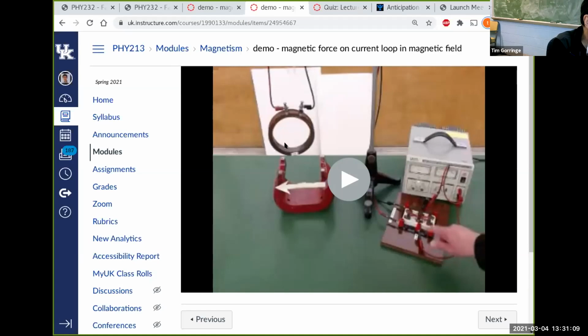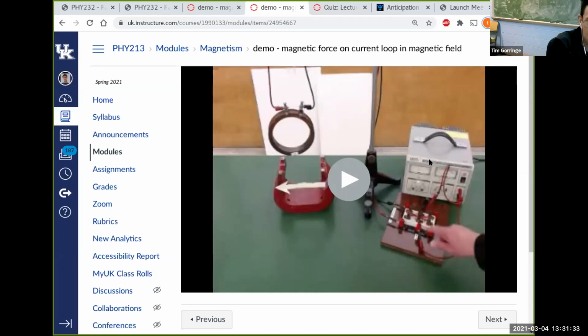I've got a loop of wire, actually many turns of wire, so it's like a general loop of wire immersed in that magnetic field. And that loop is here, and it's made into an electrical circuit. You can see a lead coming in on the left and a lead going out on the right.